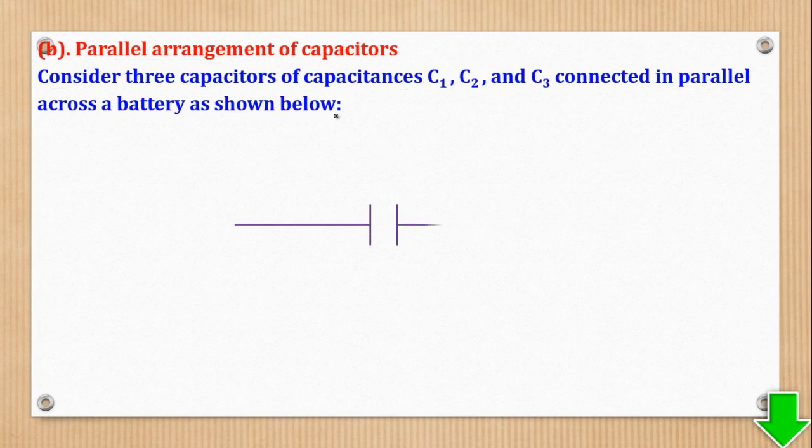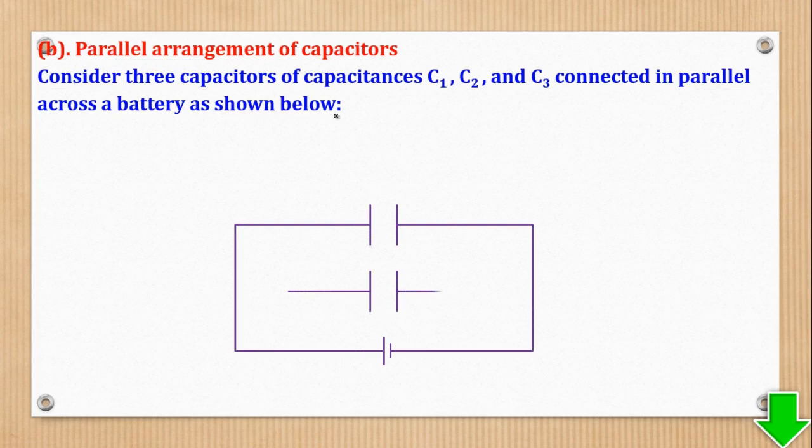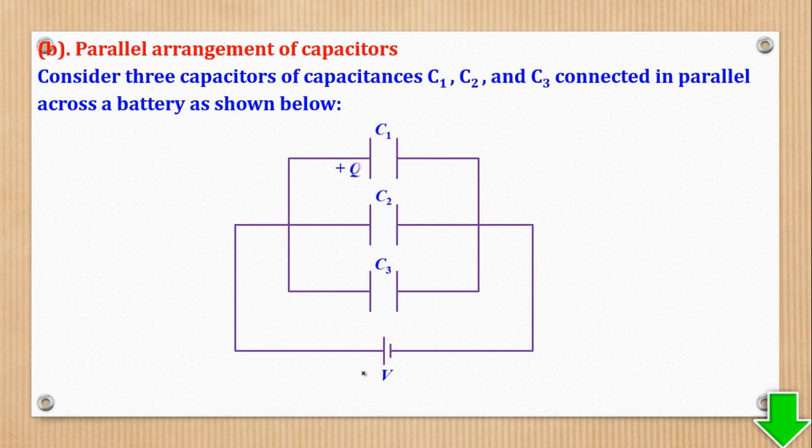So we need an illustration. So those are the capacitances in parallel, and this is the PD across them.